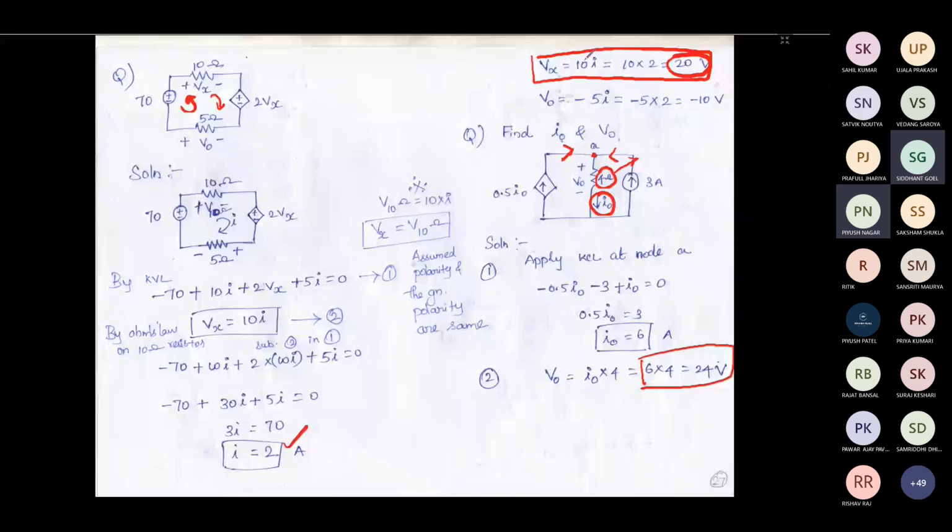When you assumed the current direction clockwise, you got Vx equal to 10 into I. When you assumed the anti-clockwise direction, you got Vx equal to minus 10 into I, because the current direction is reversed and that is different from the given polarity of this dependent element. So we considered minus 10 into I. Okay, is this clear?